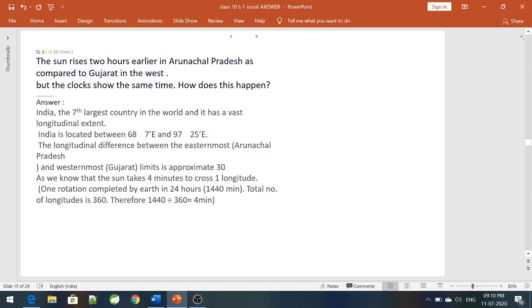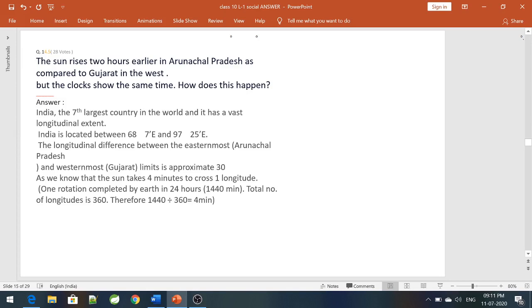This is the first question. The sun rises 2 hours earlier in Arunachal Pradesh as compared to Gujarat in the west, but the clock shows the same time. How does this happen? Because we are following the Indian standard time, that is 82 degrees 30 minutes east. India, the 7th largest country in the world, has a vast longitudinal extent.